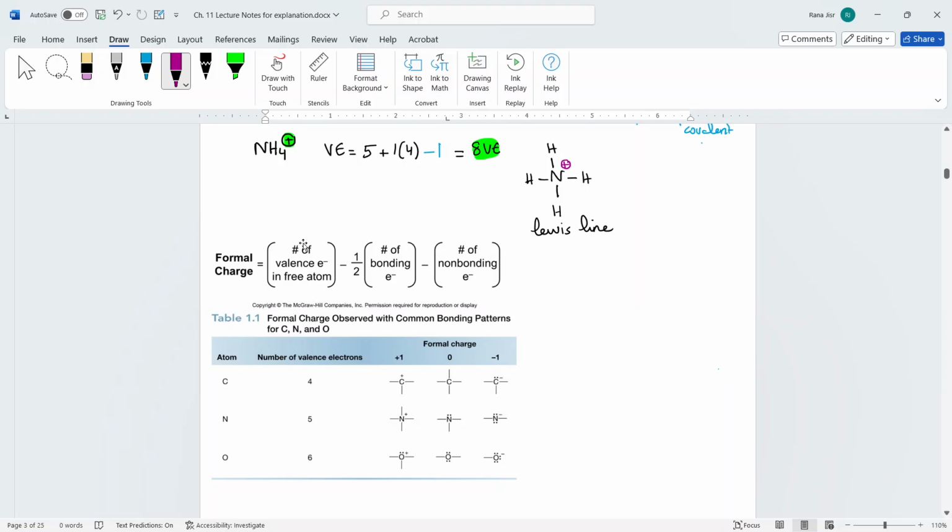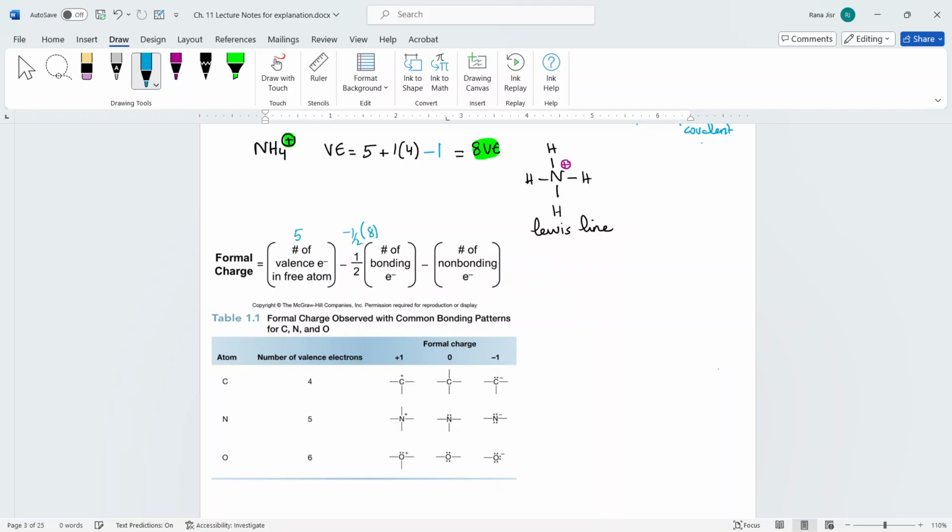If I go with this formula, the number of valence electrons in the free atom is 5, because I'm calculating the charge of the nitrogen, minus one half of my bonding electrons. The bonding electrons are the electrons around the nitrogen: 1, 2, 3, 4, 5, 6, 7, 8. Notice that it says electrons, so I have to count all the electrons, not the bonds.